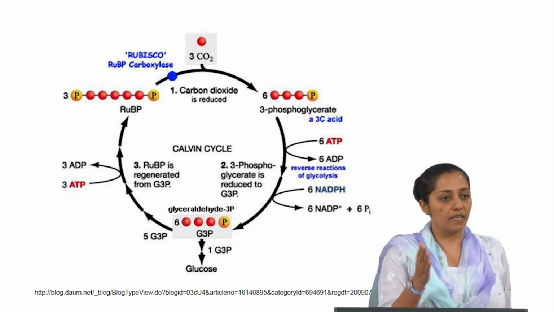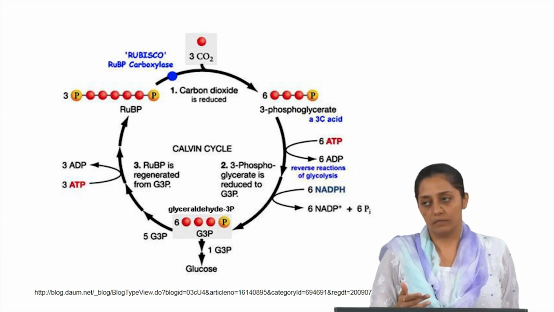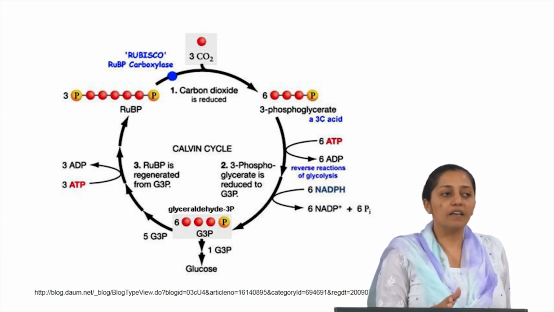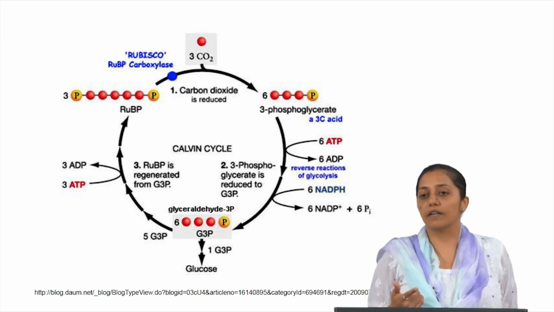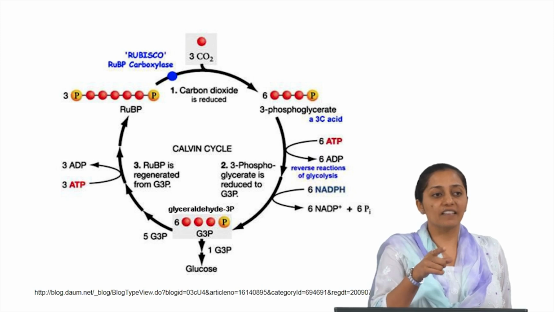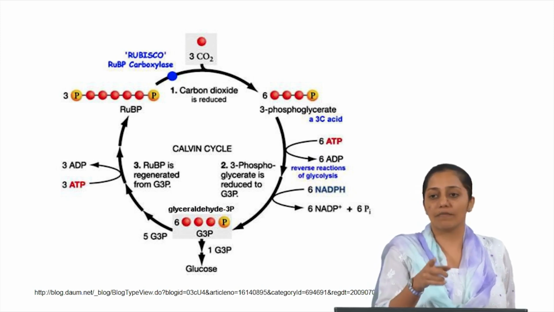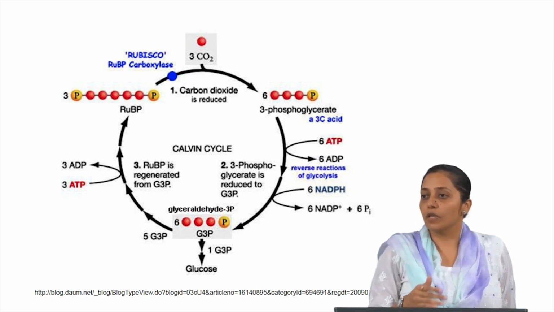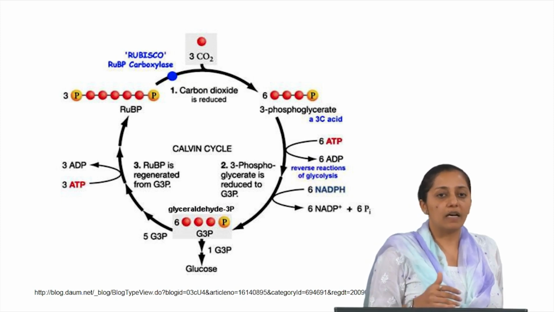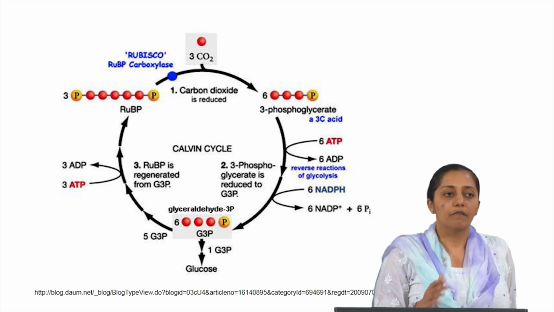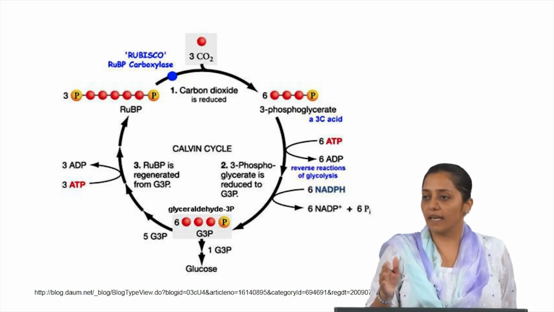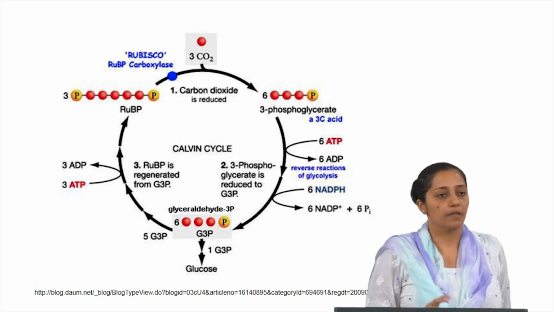Then one molecule is diverted to form your sugars, and the remaining 5 are used again in the regeneration phase. Why is it called the regeneration phase? Because the precursor molecule ribulose bisphosphate has to be regenerated. So, these 5 molecules are regenerated to give you back ribulose bisphosphate, which can then again combine with CO2 to give you PGA.